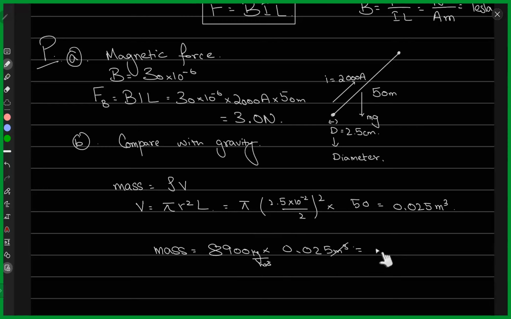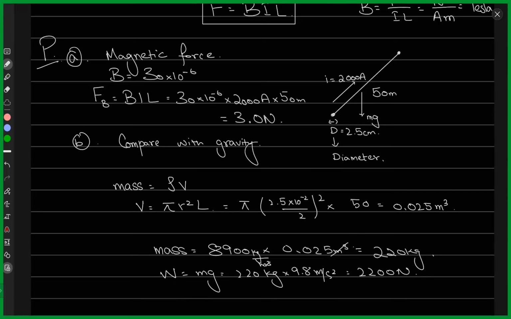So this gives me about 220 kilograms. And now it's very straightforward to compute the weight. The gravity from the Earth, W, is just m times g, which is 220 kilograms times 9.81 meters per second squared, which is about 2200 newtons, right? We'll just round it off to that.